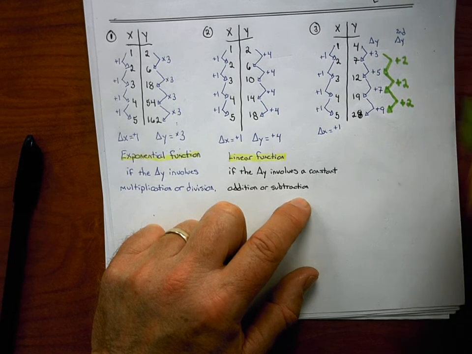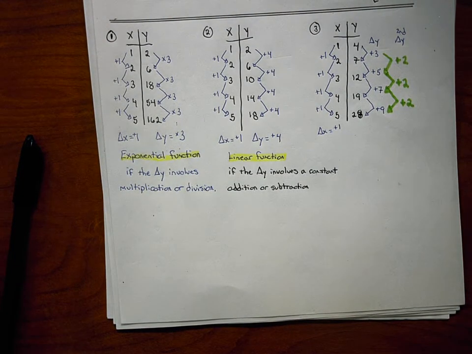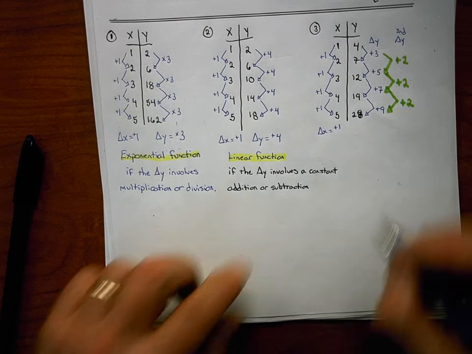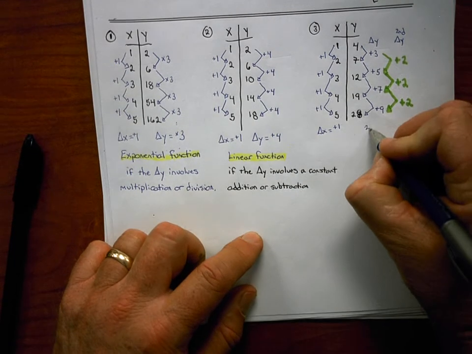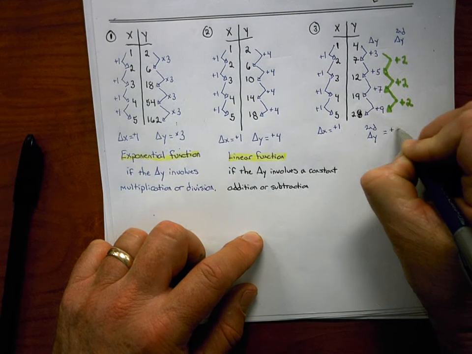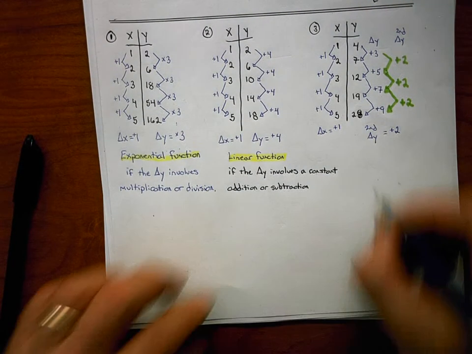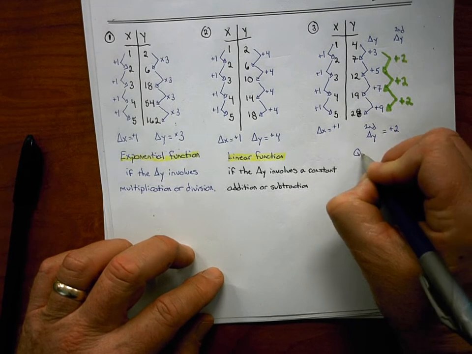Those are all the same. So the second delta y is equal to plus 2. And they're all the same. So this would be a quadratic function.